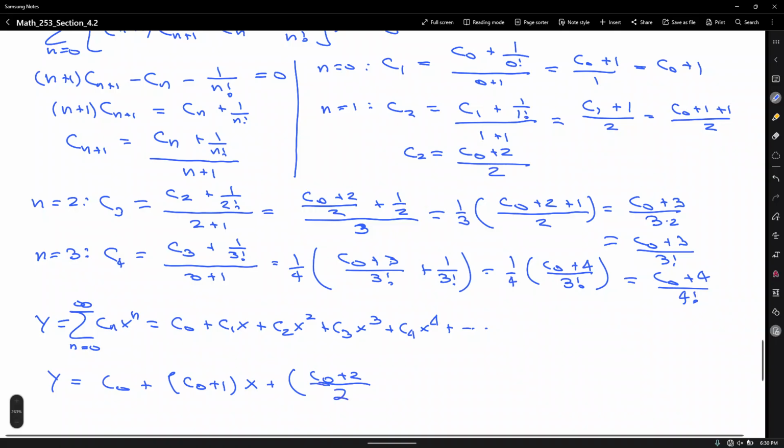But I'm going to go fancy again: how about we write the number 2 as 2 factorial, times x squared. What about c sub 3? That is c sub 0 plus 3 over 3 factorial x cubed, plus c sub 0 plus 4 over 4 factorial x to the fourth power plus dot dot dot.